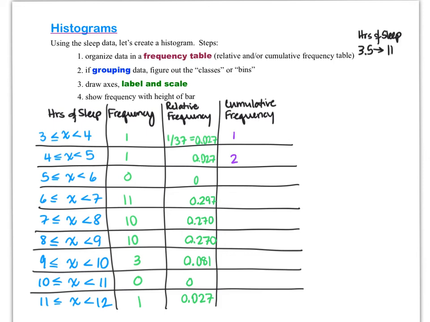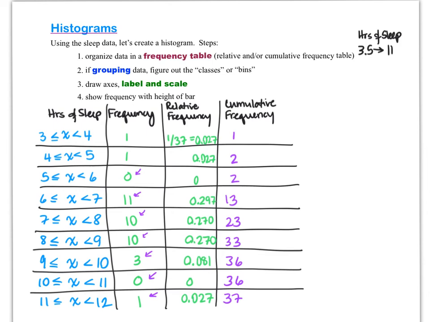And we're going to continue to add on the frequency each time until we get to our total frequency, which we know should be 37. And that's our cumulative frequency. So now this is going to look different because this is going to be like a stair step up, up, up, up until we get to our total frequency.